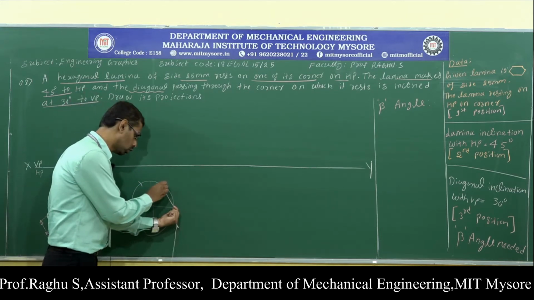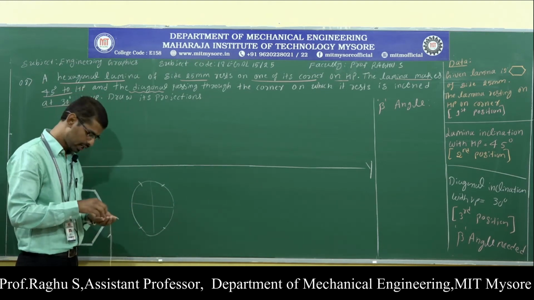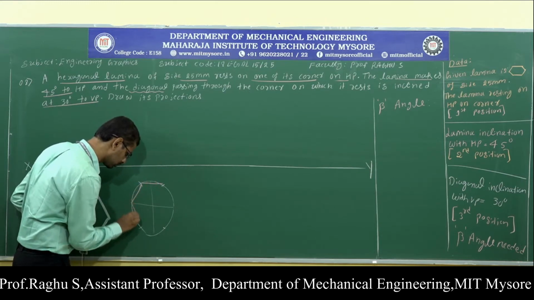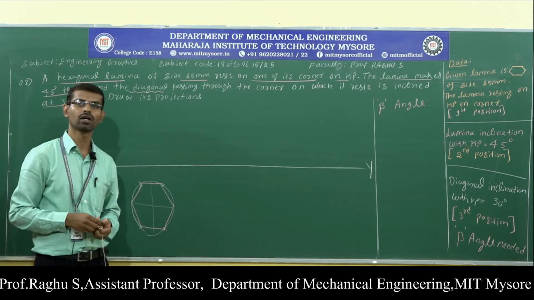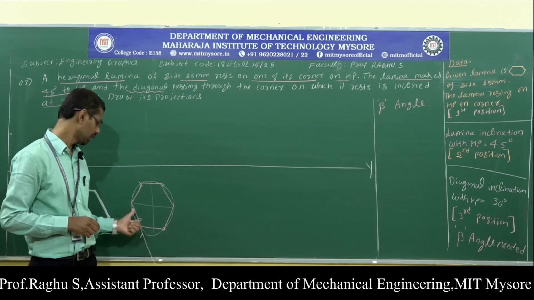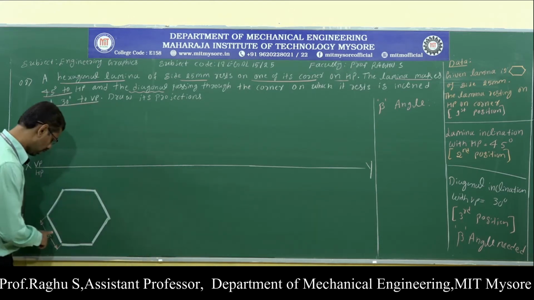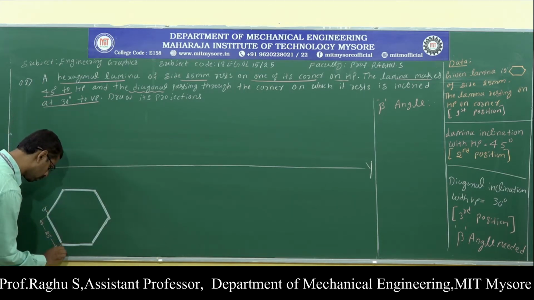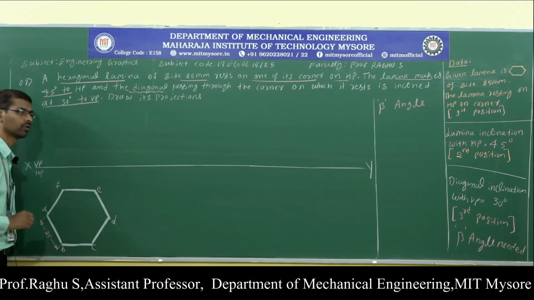Next, here also cut two arcs at a distance of 25 mm. Next, connect all the arcs. So we will get the hexagonal lamina with corner condition. This is the procedure for construction of a hexagonal lamina with a corner condition. Indicate the dimension. Next, do the naming A, B, C, D, E and F.